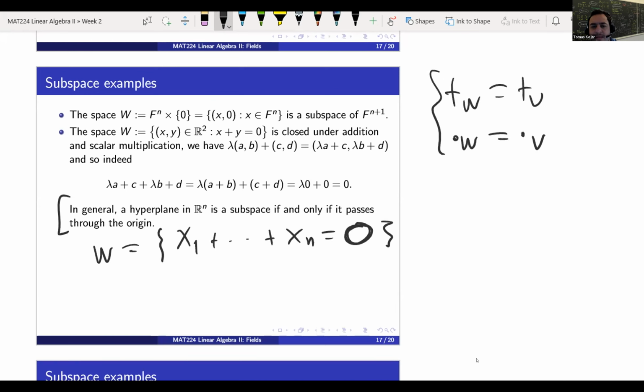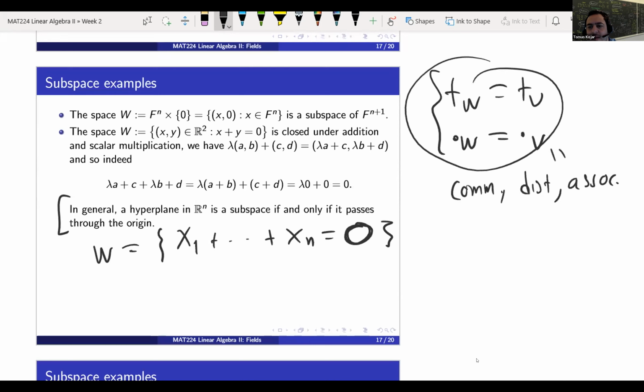And the reason is that's how we got these axioms like commutativity, distributivity, and associativity, right? We got them because we had this thing here. Otherwise, it's trickier. So I will have to see what the exact examples are. But in theory, yeah. But then it won't really be a subspace of something else. So I will have to see what Lindsay means.